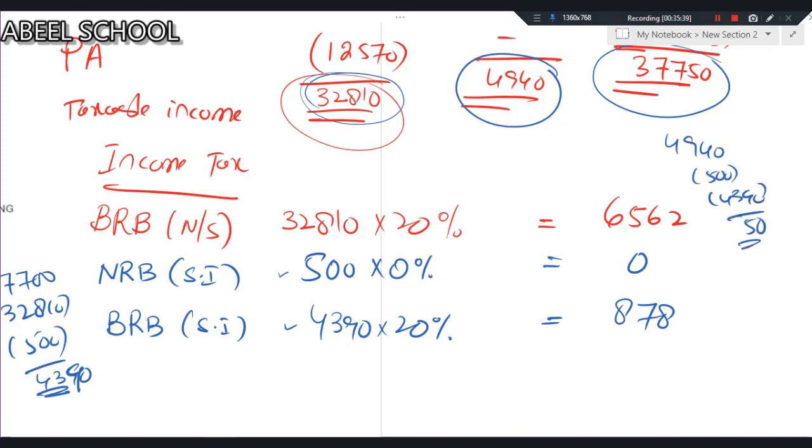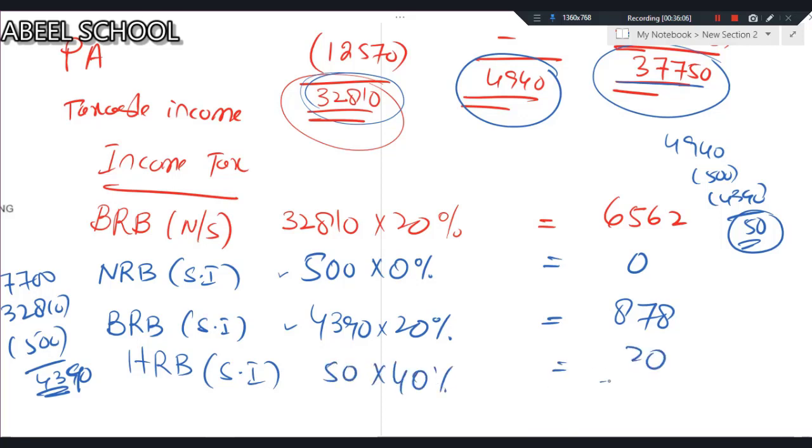Let's check. Yes, it is 50. How did I decide? Directly by looking at the total taxable income. The total taxable income is 37,750, which is just 50 more than the limit of the basic rate band. So definitely only 50 falls in higher rate band. Higher rate band saving income: 50 into 40%, which is 20.